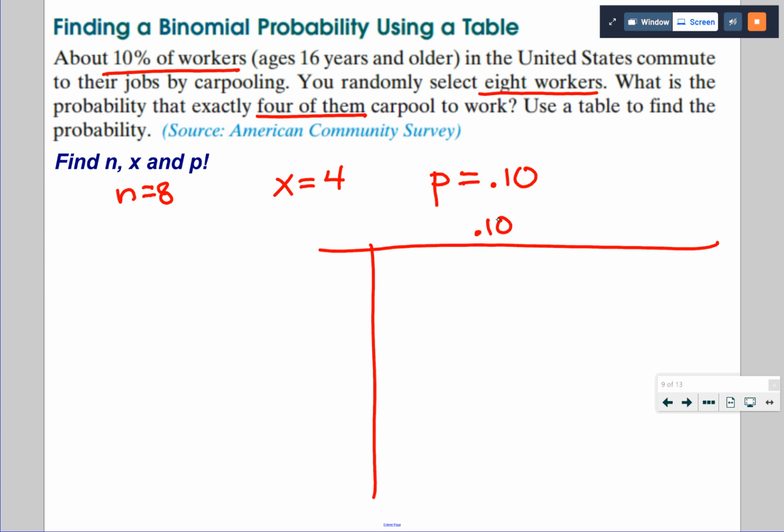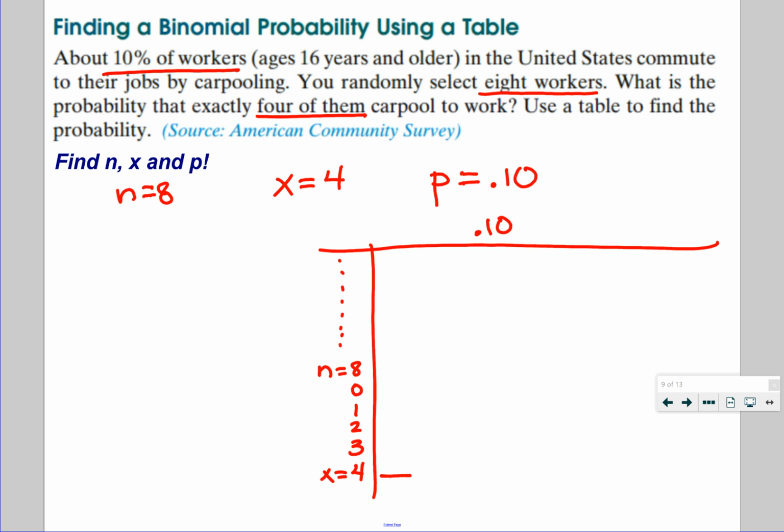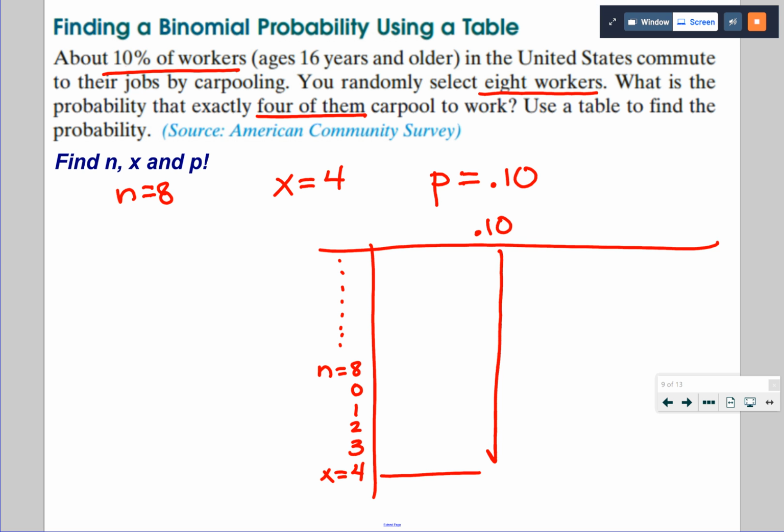So I want you to find 0.10. On the side are your N's and X's. So you're going to go down to where it says N is 8, and then below that it'll say 0, 1, 2, 3. We want X is 4. And where those intersect will be your probability.